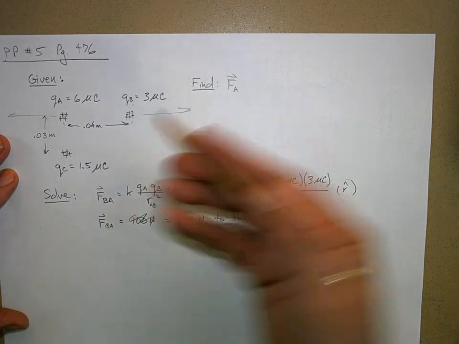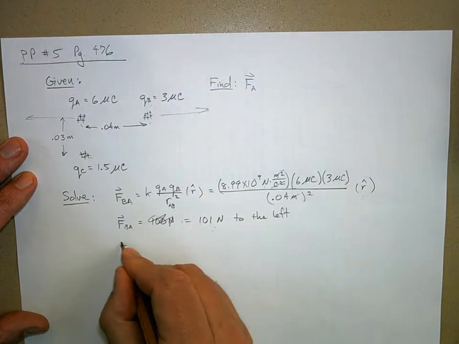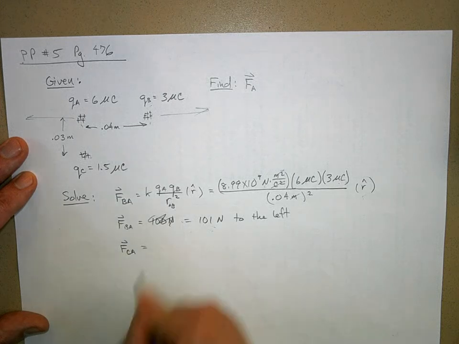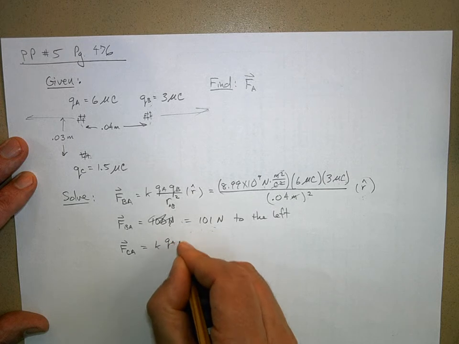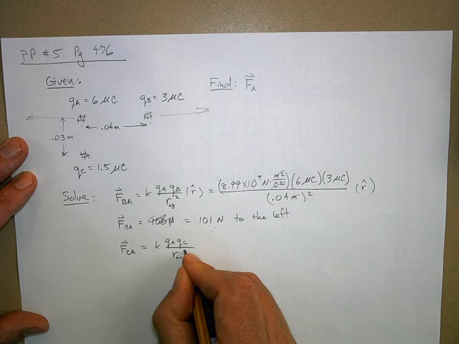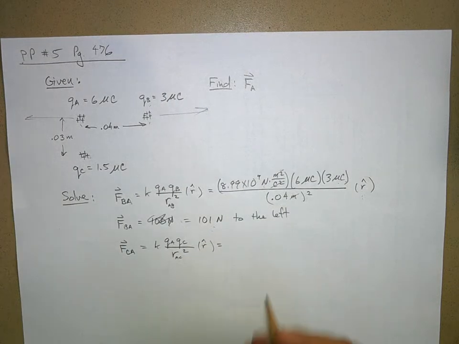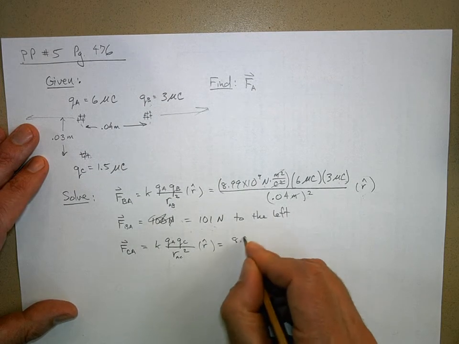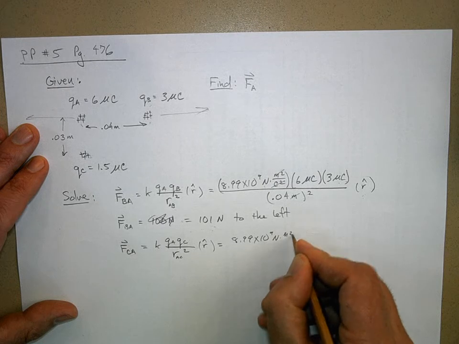Okay, now let's look at the force that QC applies to QA. So this is the force of C on A. And so you go through the same equation, K QA QC over the distance from A to C squared in the r hat direction. Now you plug in all those values, 8.99 times 10 to the 9 Newton meter squared per coulomb squared.